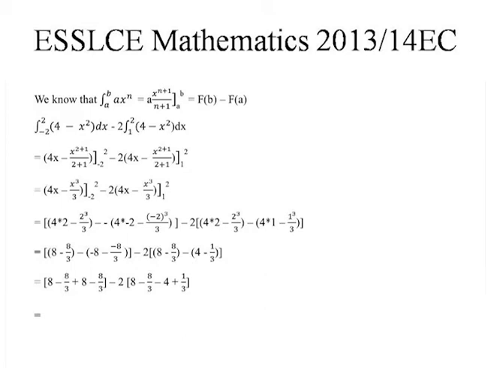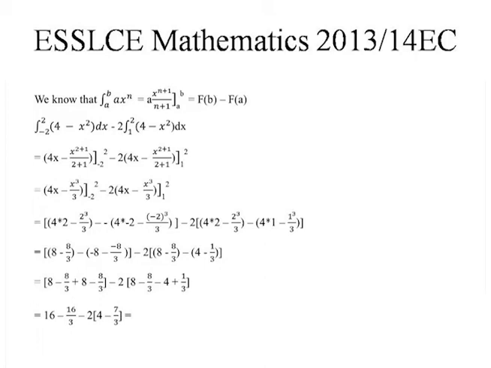the first bracket is 16, minus negative 8 over 3, minus negative 8 over 3 is negative 16 over 3, minus 2 times 8 minus 4 is 4. Negative 8 over 3 plus 1 over 3 is negative 7 over 3, which is equal to, to make the denominator similar, let's rewrite all the expressions in terms of some number divided by 3.